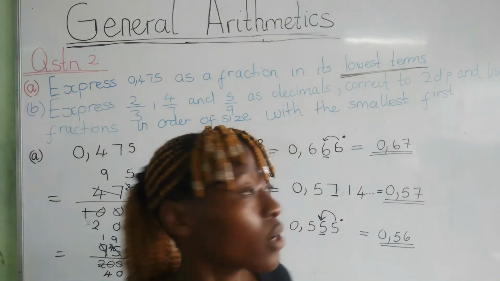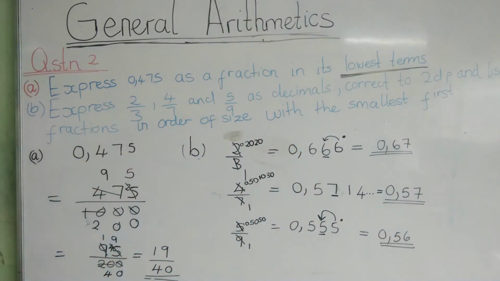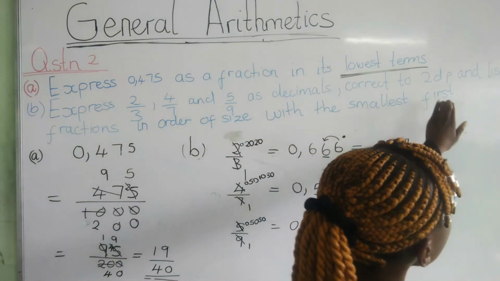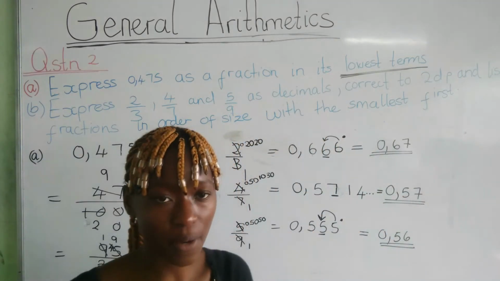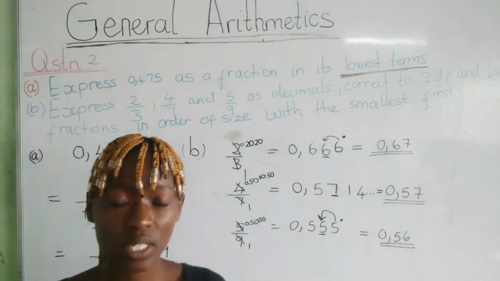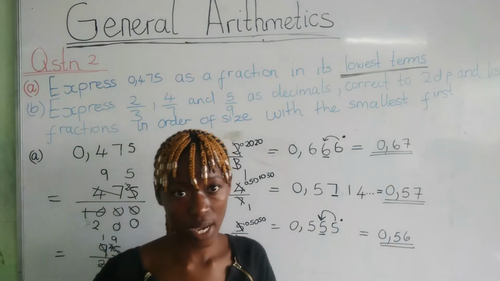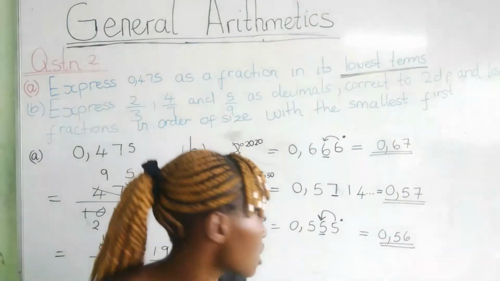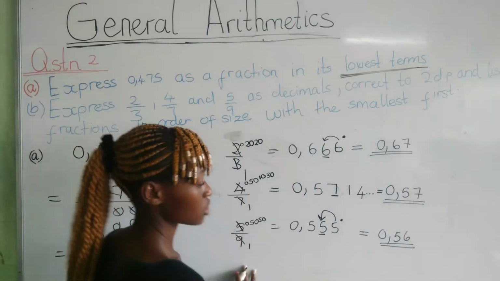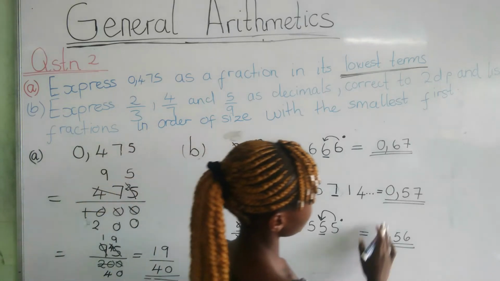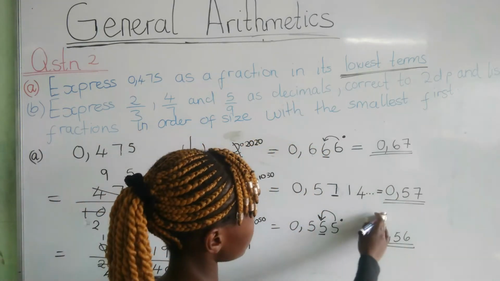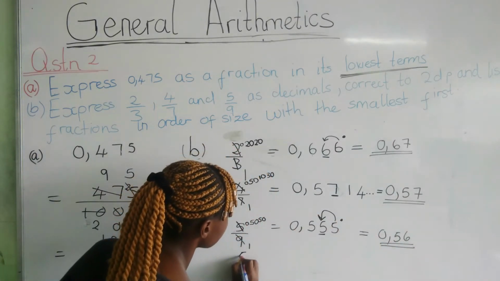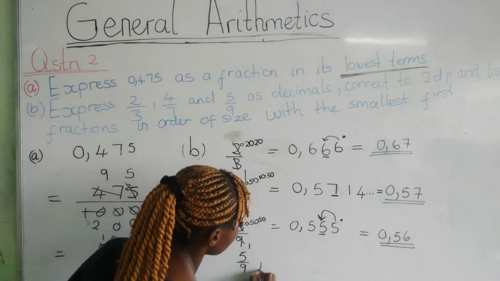Okay, so now rearranging them in ascending order, fractions in order of size with the smallest first. That's the ascending order. They can also ask you to put it in ascending order or descending order, but for this part they actually make our life easier with the smallest first. So you're just going to write our fractions with the smallest first. The smallest here is 0.56, that's 5 over 9.